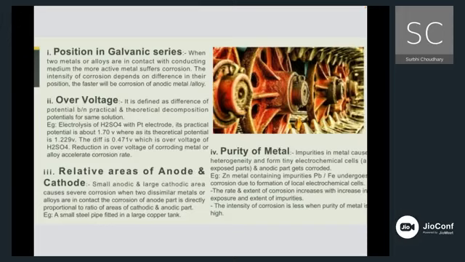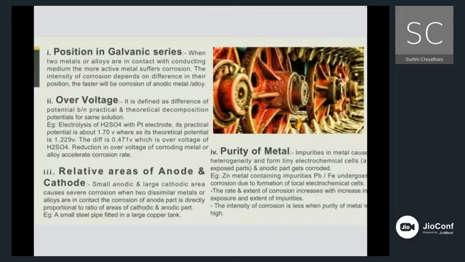Coming to the next topic, that is purity of metal. The more pure the metal, the less corrosion takes place. Because the presence of impurities in the metal itself creates tiny electrochemical cells in the metal. Those electrochemical cells cause corrosion, and the anodic part corrodes. For example, in zinc metal there are impurities like lead and iron.